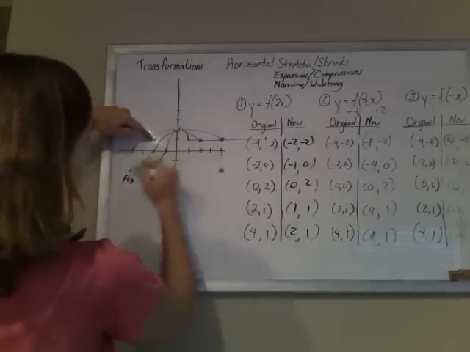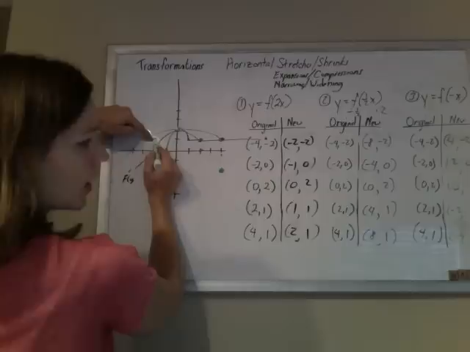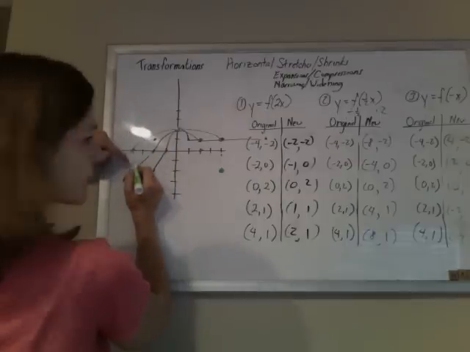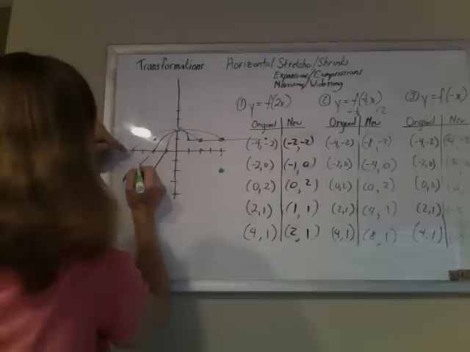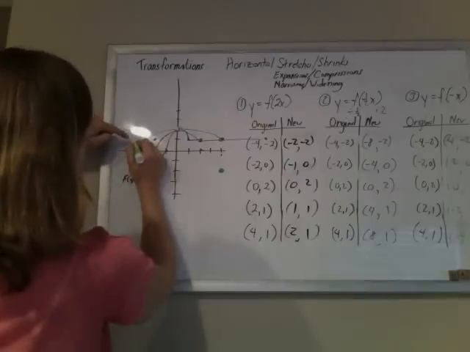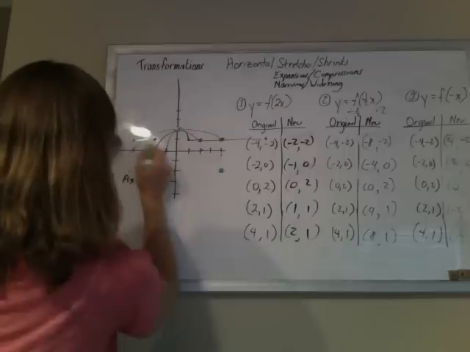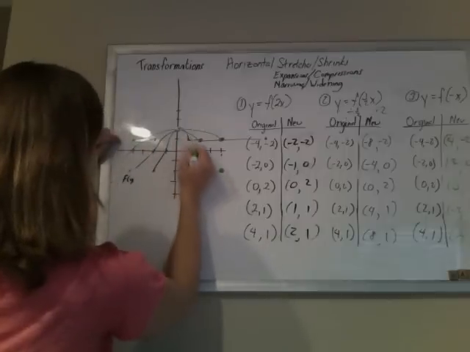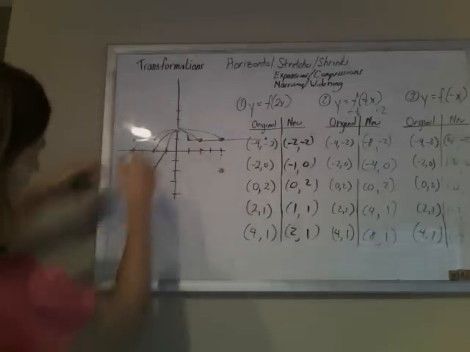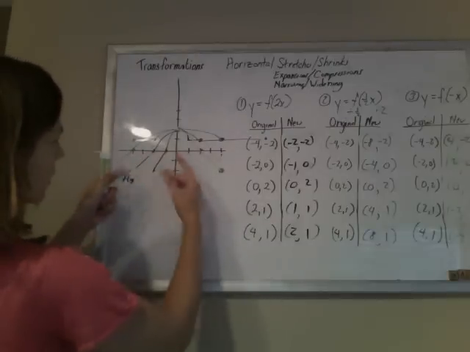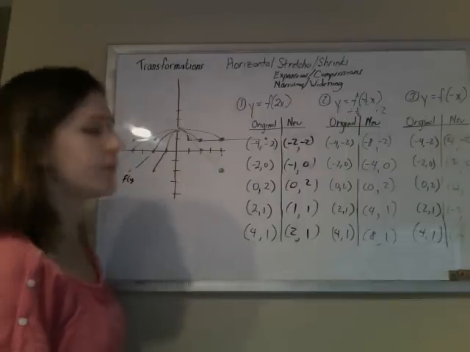Gosh, I can't see the original x anymore, but there it is, and that was that point flipping over that way. Negative 4, positive 1, because I can read. There it is. So, this is here, and here, and there. So that's this black line being flipped that way. There.